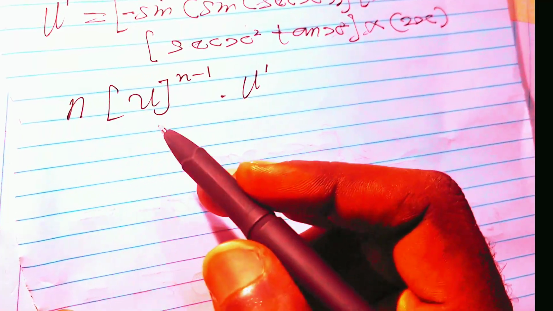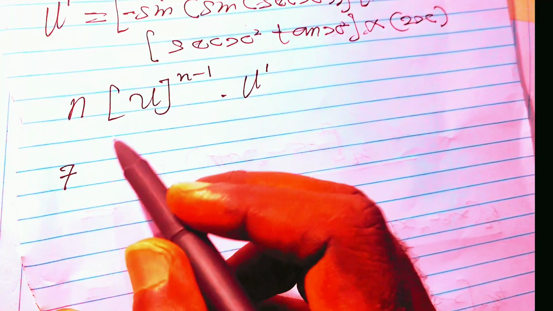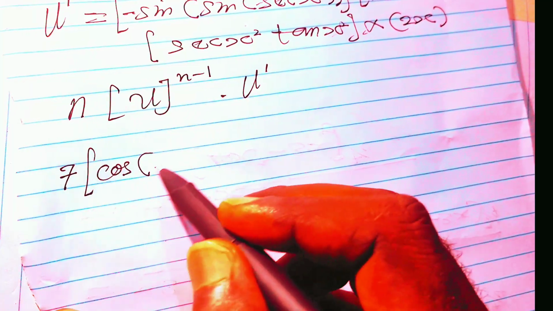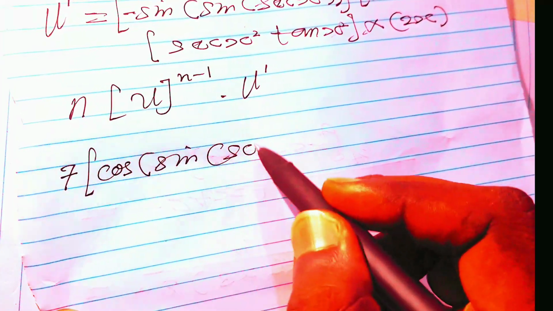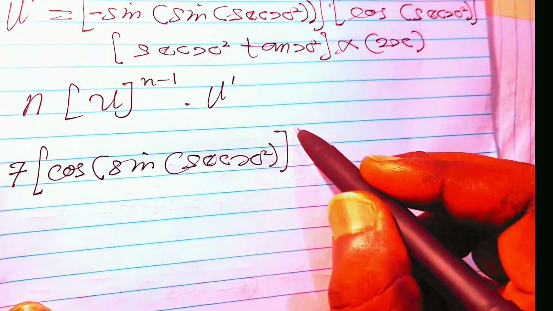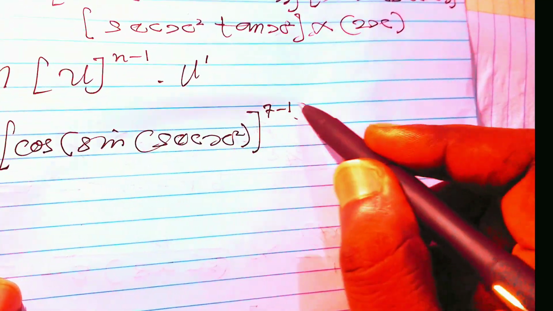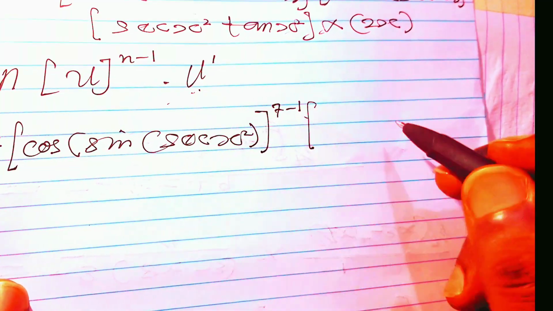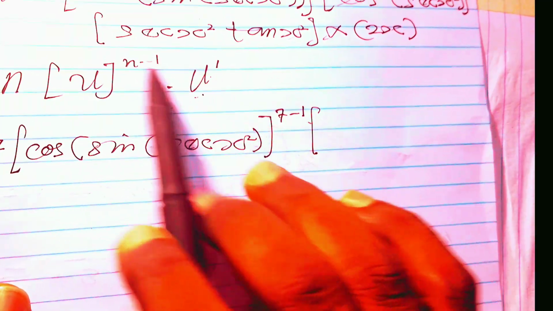In this case we have 7 as the power there in the bracket. The u here is cos in the bracket sine in the bracket sec x squared, raised to the power of 7 minus 1, and then multiplied by u prime, the derivative of u, which we have here.